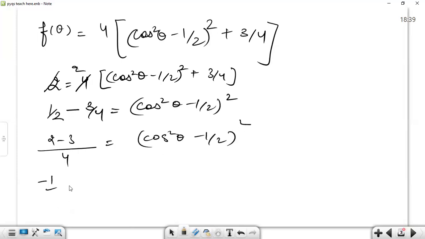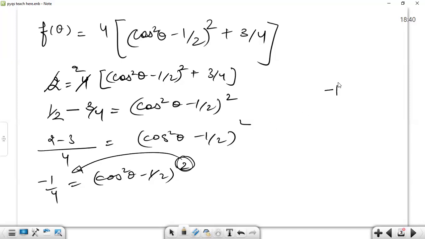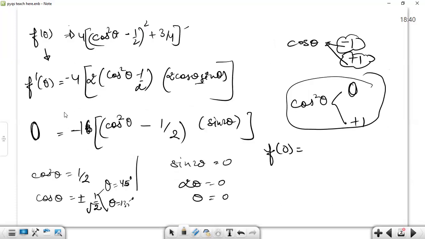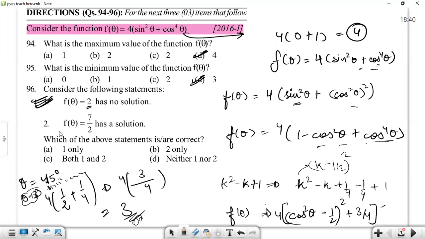This becomes minus 1 by 4. So basically now we can comprehend that when this square becomes a square root, the square root of minus 1 will become an imaginary number, which is iota. So that's why its solution does not exist. So the first statement is true.